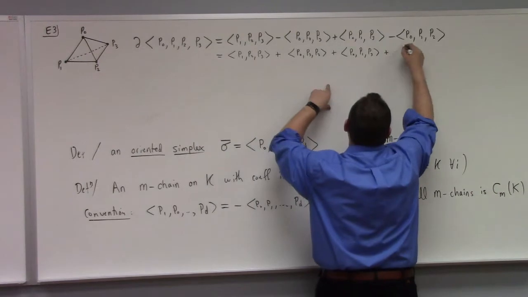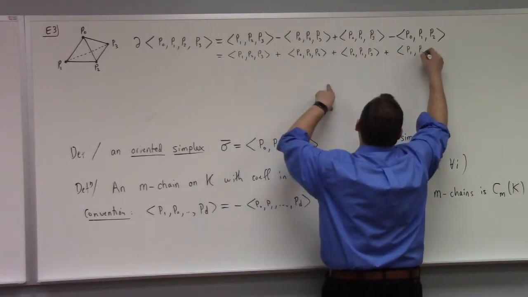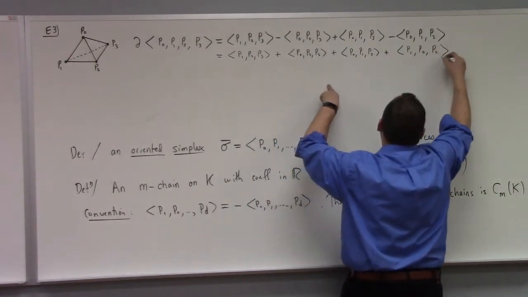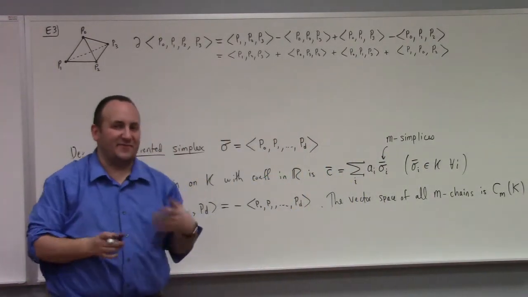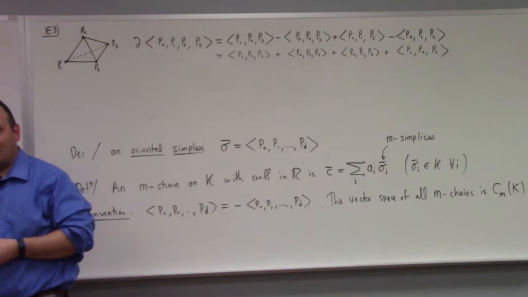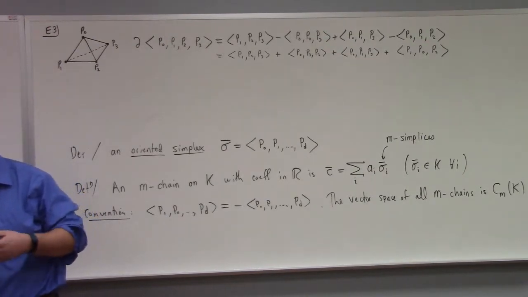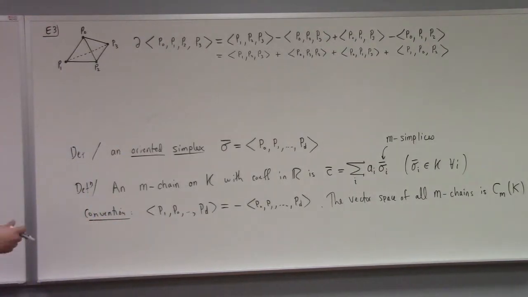And I'll flip the first two. That's probably a definition that I should have made. I'm just saying you can flip vertices and it introduces a minus. Probably to do that justice formally is another who knows how much, but let's go on.